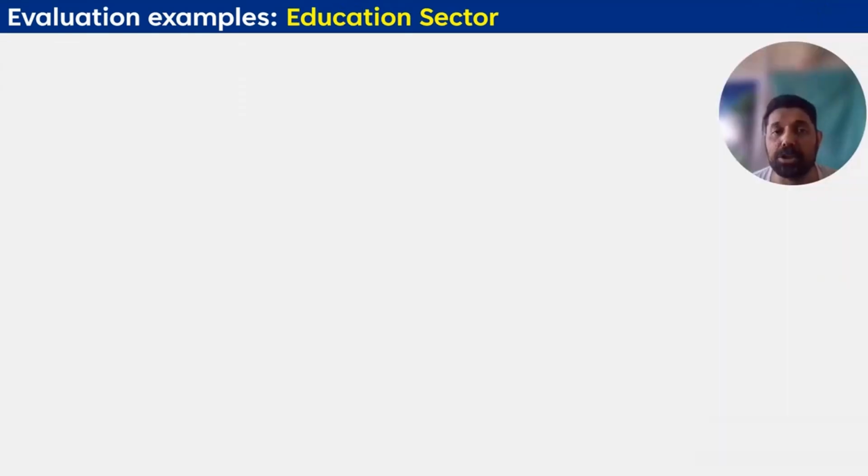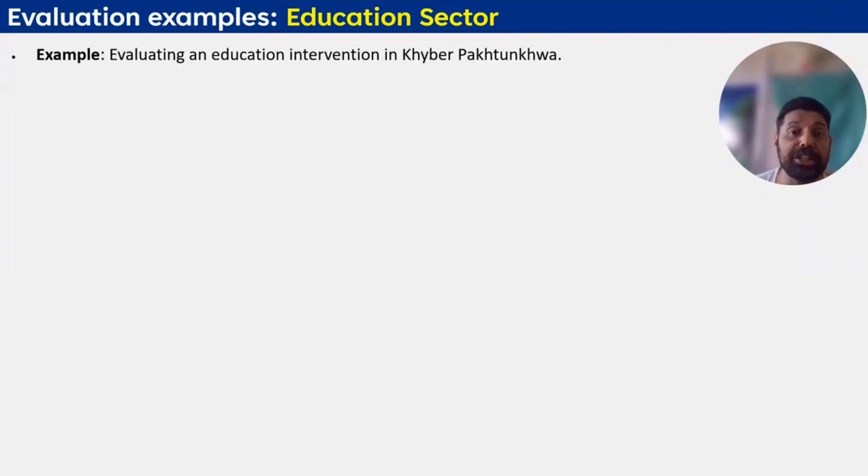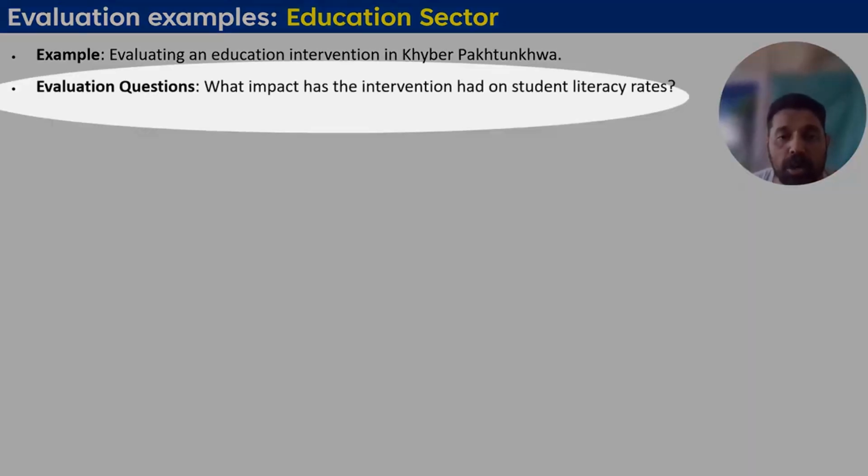Another example in education. Evaluating an intervention in Khyber Pakhtunkhwa or any other region, where there is an education intervention and you are evaluating that. Here also your evaluation question is, what impact has the intervention had on students' literacy rate?